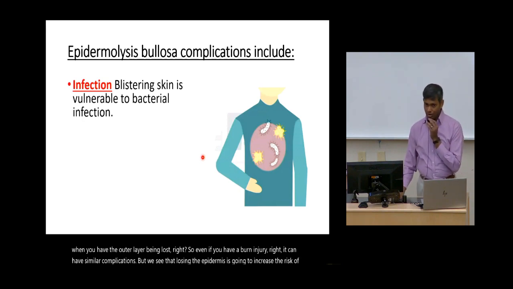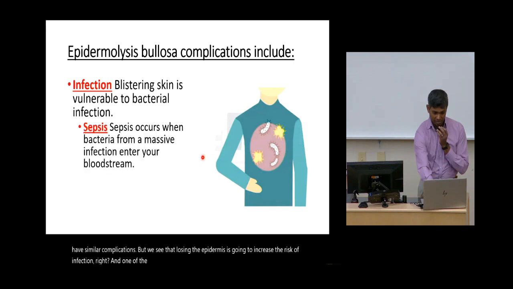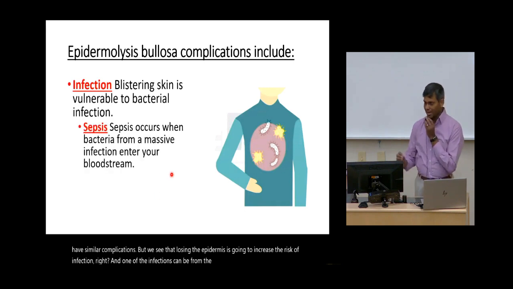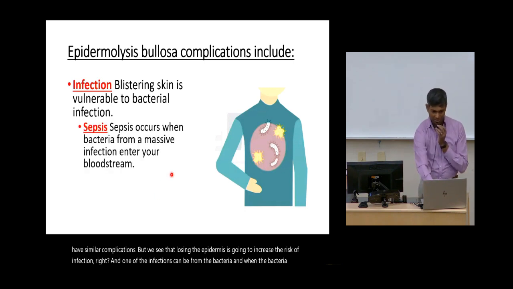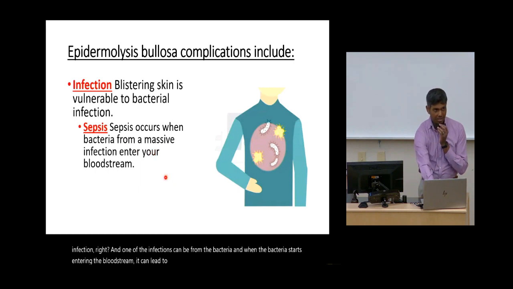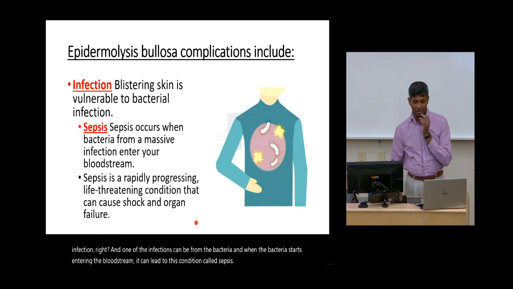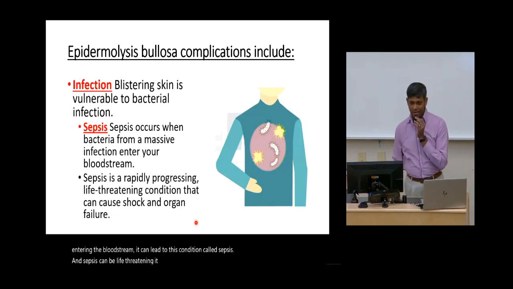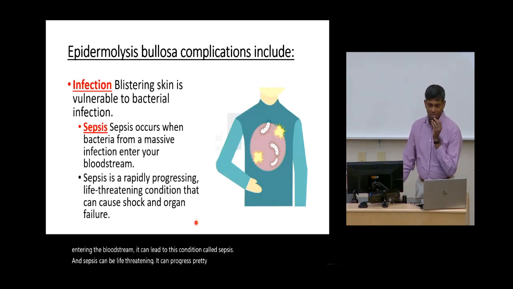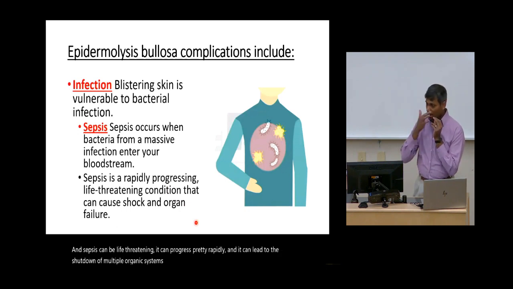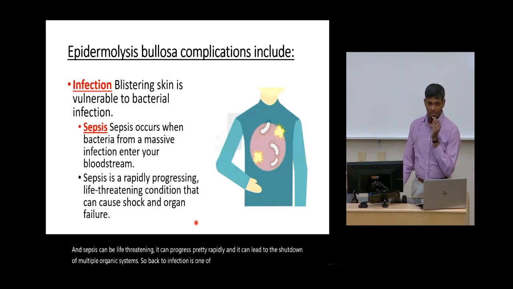And one of the infections can be from the bacteria, and when the bacteria starts entering the bloodstream, it can lead to this condition called sepsis. And sepsis can be life-threatening. It can progress pretty rapidly, and it can lead to the shutdown of multiple organ systems. So bacterial infection is one of the risks or complications arising from epidermolysis bullosa.